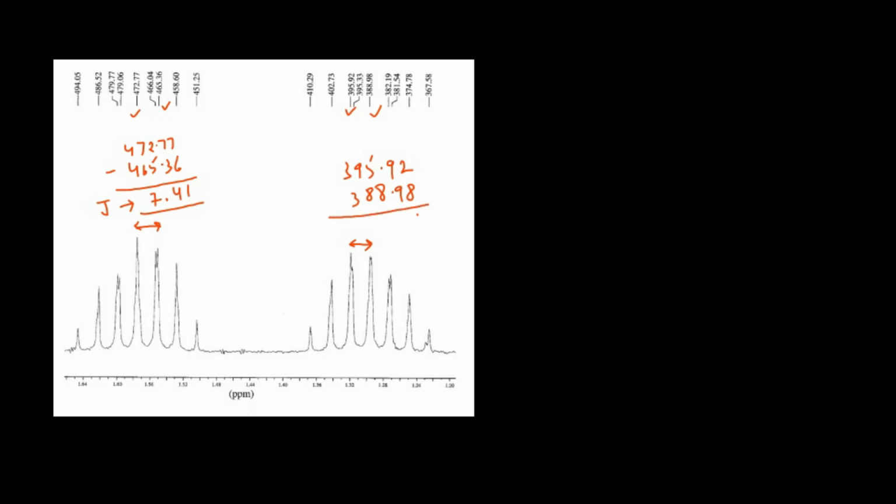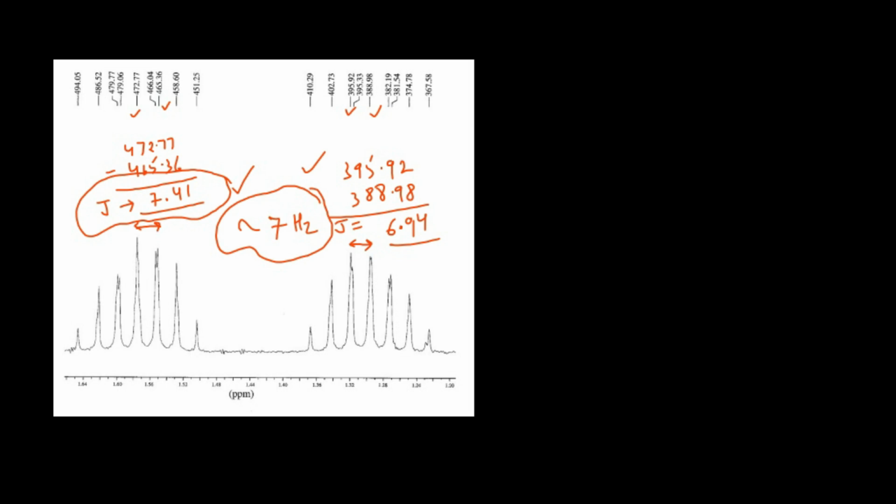So this will give you 6.94. Higher the value of the coupling constant, first it will couple with the other hydrogen, right? Since both the values are very close, approximately 7 hertz, the coupling constant for both of them is 7 hertz, but not exactly 7 hertz.